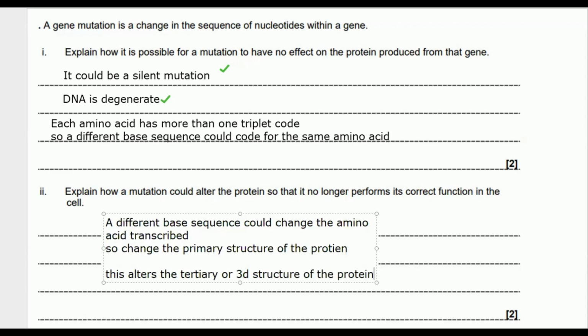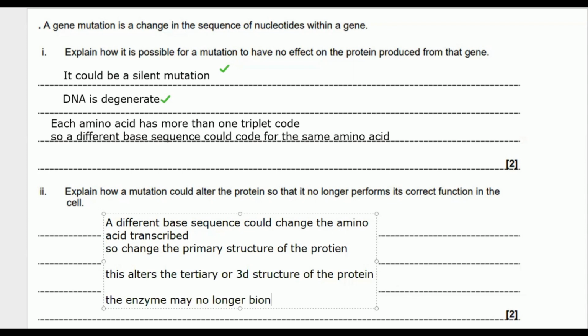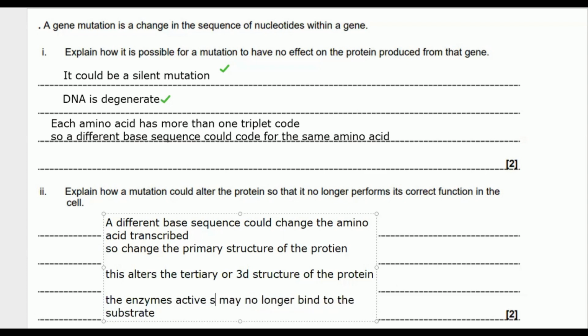Now, if this is a hormone, maybe it can't bind to the target cell. This alters the 3D structure of the protein. The enzyme may no longer bind to the substrate. I'm just putting an example. The enzyme's active site may no longer be complementary to the substrate.